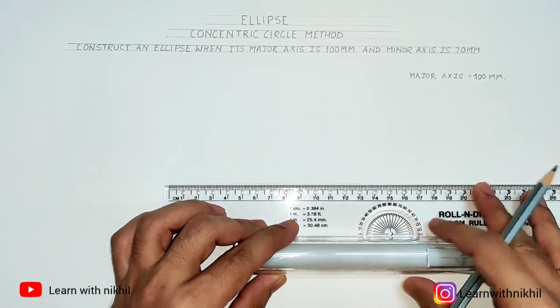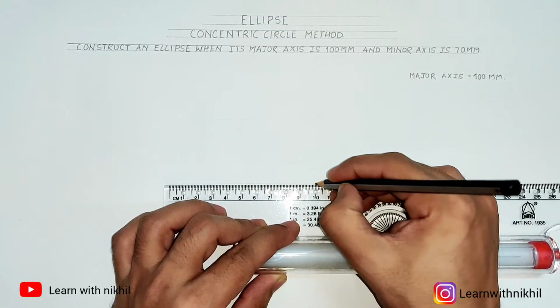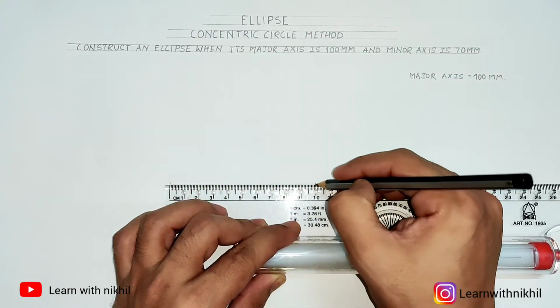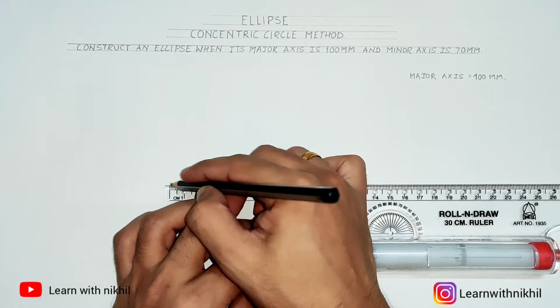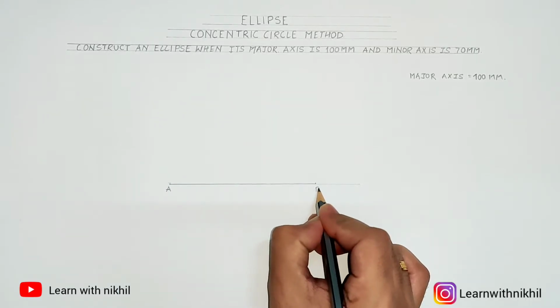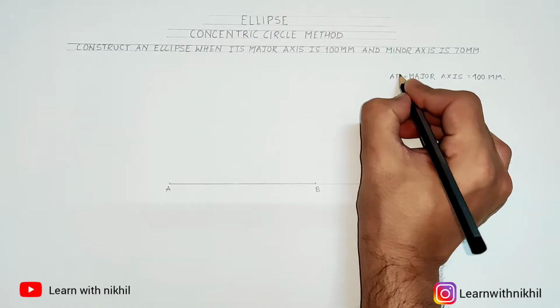So in question it can be given major axis, minor axis and distance between the foci. Out of 3 any 2 will be given. You can find out the third and you can draw the ellipse. So AB is 100 millimeter.